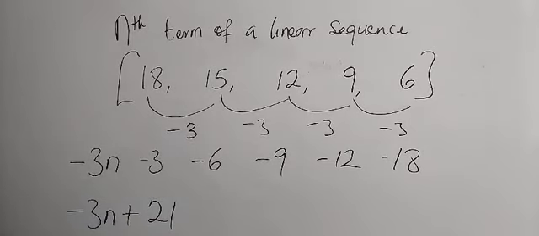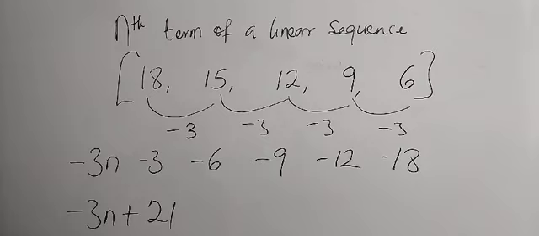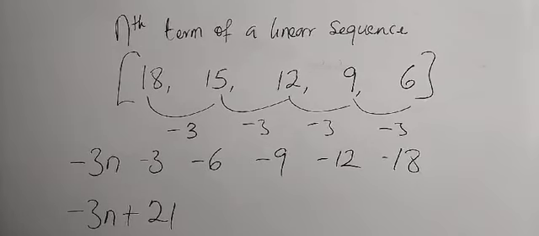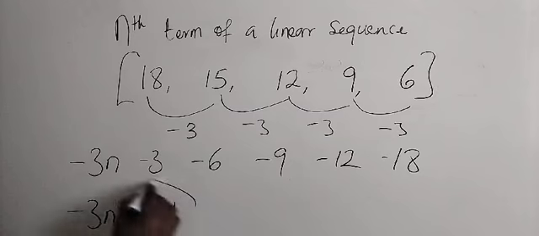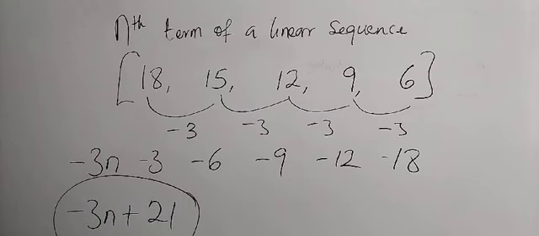When n is 3, -9 plus 21 will give us 12. When n is 4, that will be -12 plus 21, and that will give us 9. As you can see, our nth term is -3n plus 21.